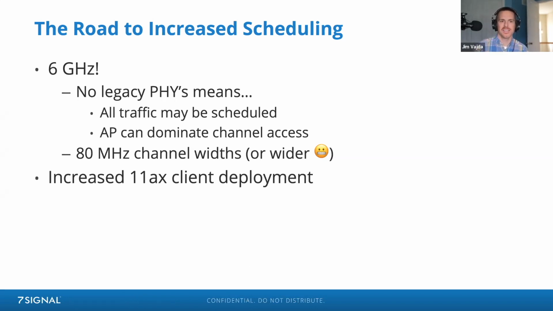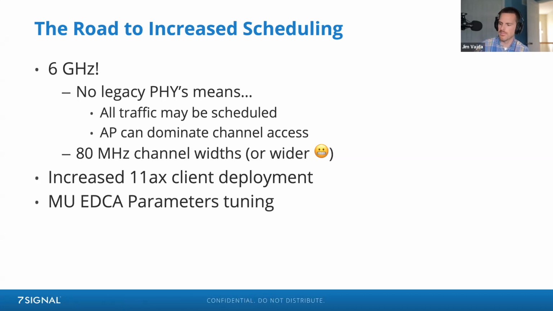So even in the legacy bands, the increased deployment of 11ax clients, the greater proportion of 11ax, means the scheduler has more traffic that it can consider when it's deciding to schedule or not and use OFDMA. And then, the multi-user EDCA parameters and being able to tune those, which would be really wonderful, can affect how often scheduling occurs. And I'll get into the details of that.